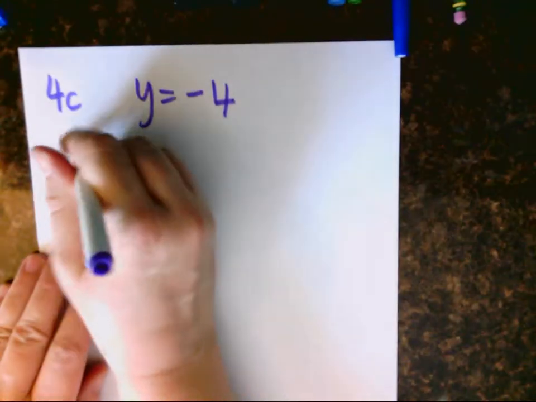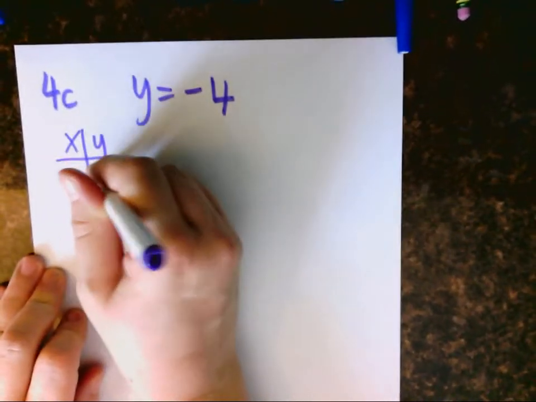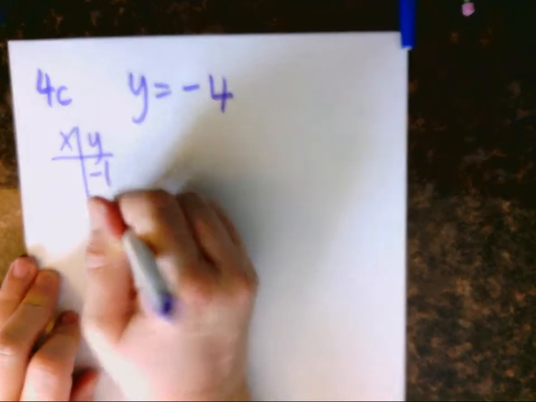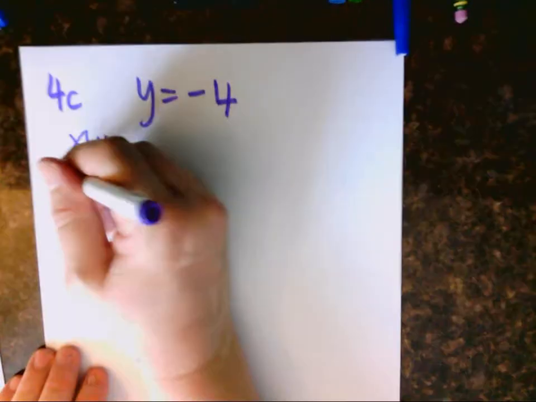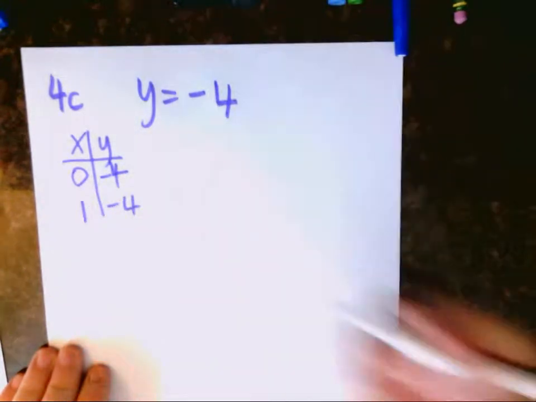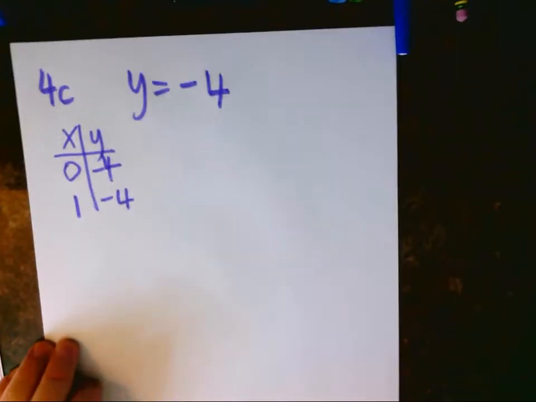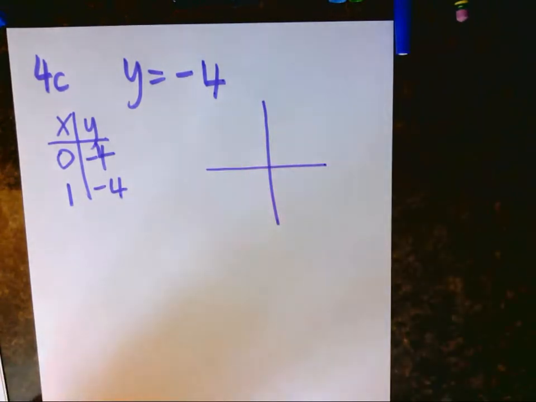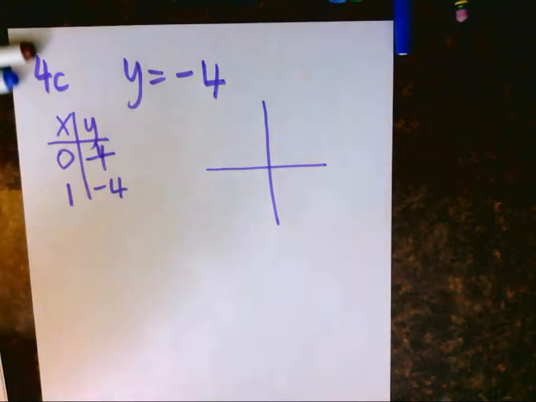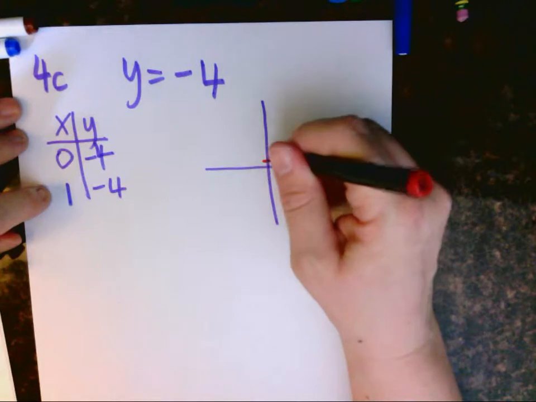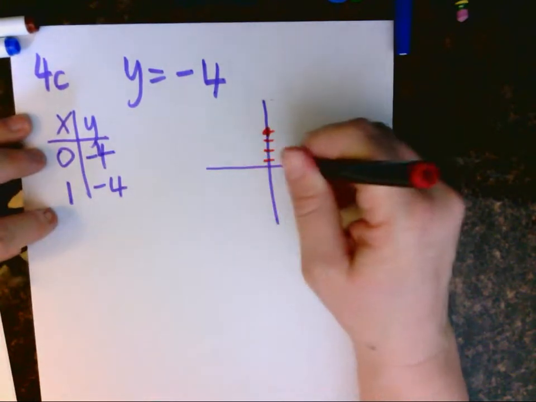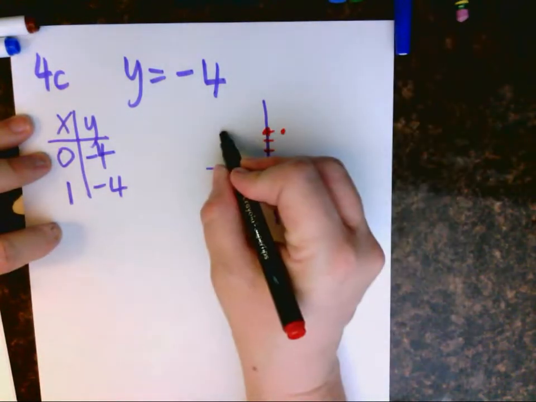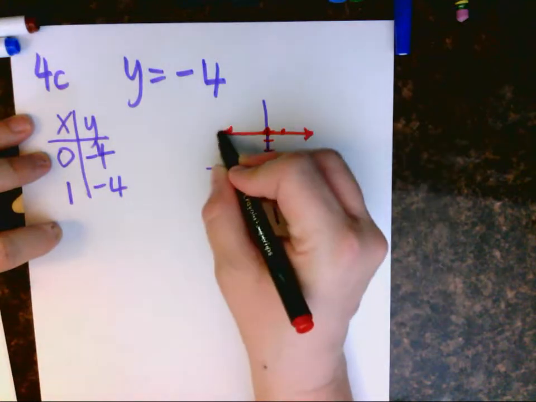All right, if you think of this as a table and let y be negative 4, x can be anything. And we can calculate this, or we can graph it, either one. I'm going to think first of graphing it. If I graph this line, and I go to 0, 4, right here, and 1, 4, you can see that we're going to have a horizontal line.